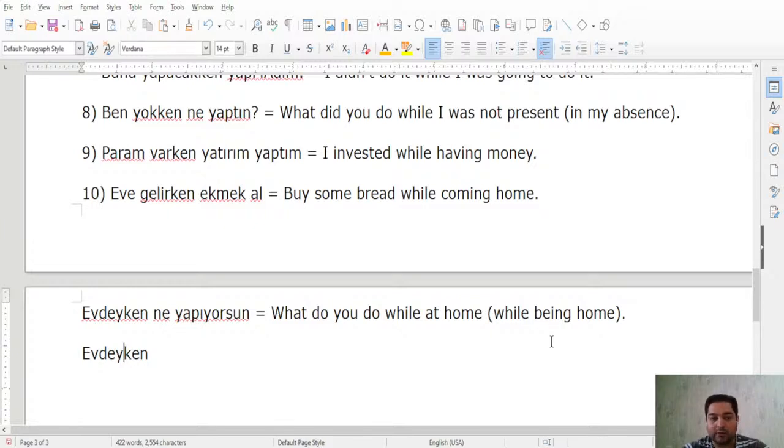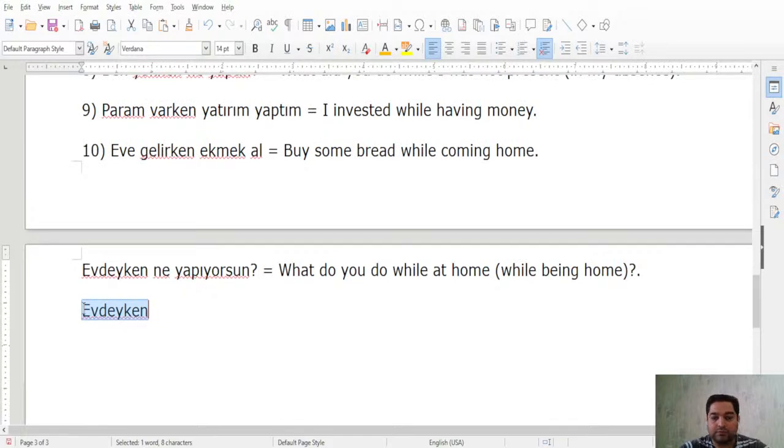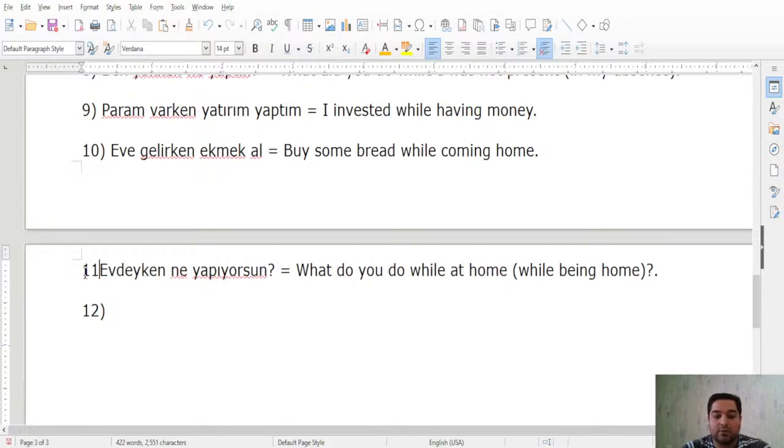That's how we combine iken if there is a vowel before it. You add this fusion letter ye if there is a vowel at the end of the structure. Evdeyken. Evdeyken ne yapıyorsun? Okay, what do you do while at home? I hope it's clear, right? It's very broad use, okay? Or let me give you another example, which is a very good one.